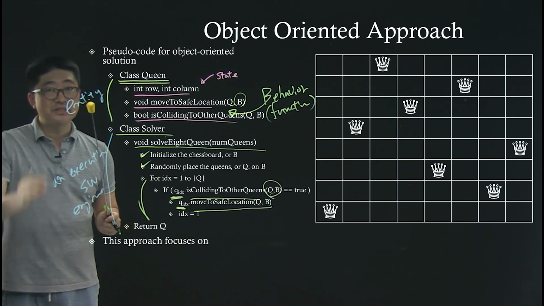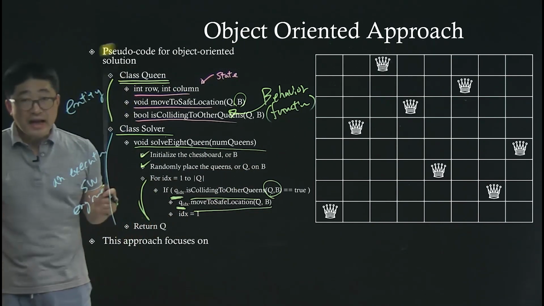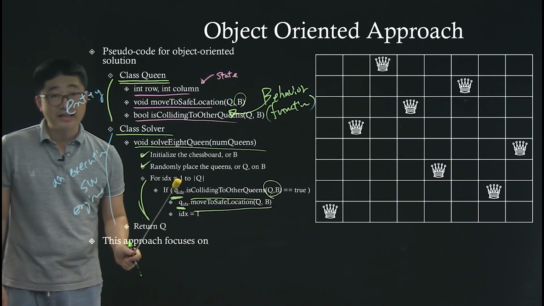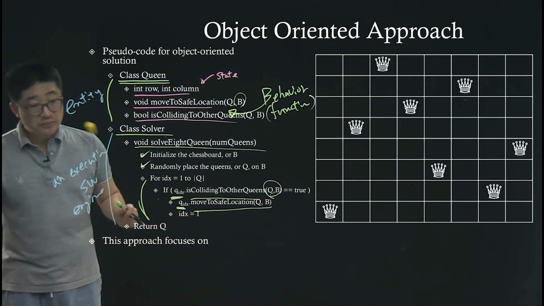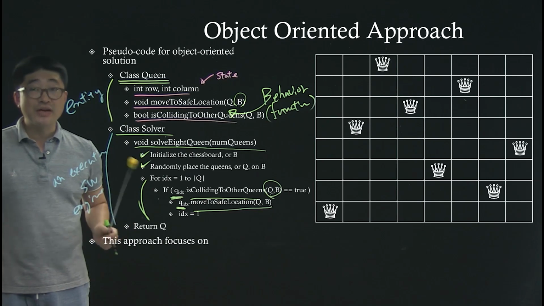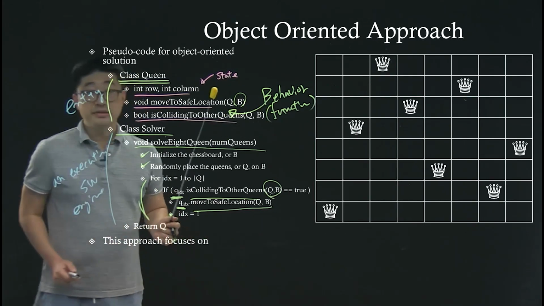The creation of this entity model comes first in the object-oriented approach, and after that we call upon that entity to do something in the process of scenario execution. That's the more object-oriented perspective.